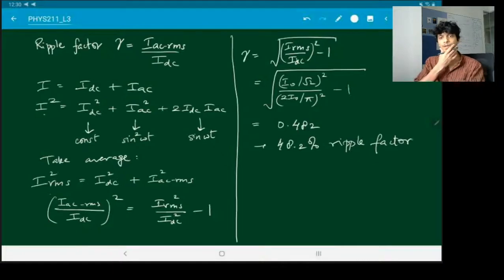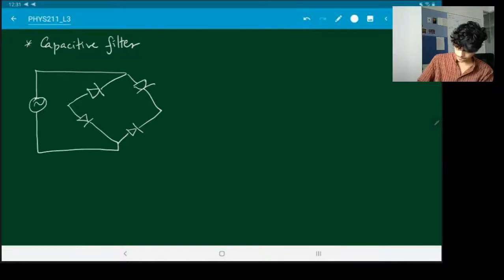Now what we want to do is try and reduce this number. So for that we use what is called a capacitive filter. Once again, it's like your same rectifier circuit, except that now we don't have just one load resistance in the middle.